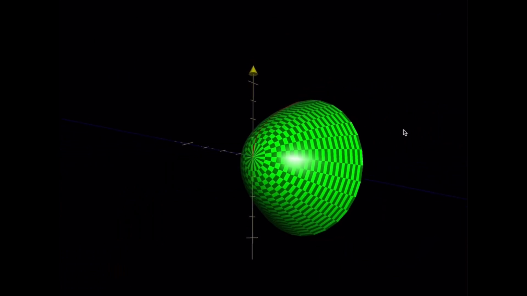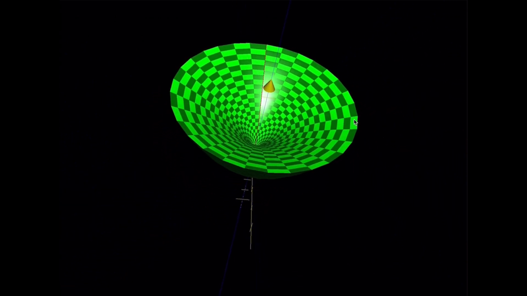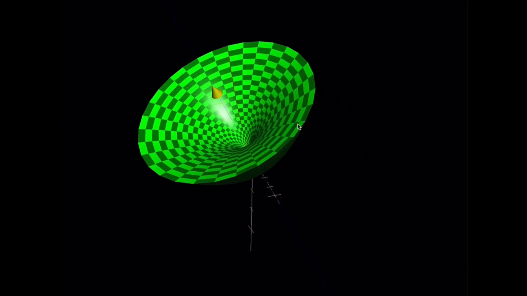The exterior looks sort of like the nose cone of a rocket, and the interior, well, it kind of reminds me of one of those coin traps that you see in malls where you drop your quarter and it slowly goes around and around, and then just before it gets to the center you grab it and make sure that it doesn't get lost forever. It looks sort of like one of those black hole coin traps.